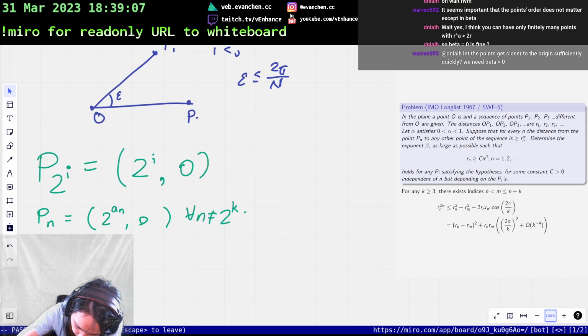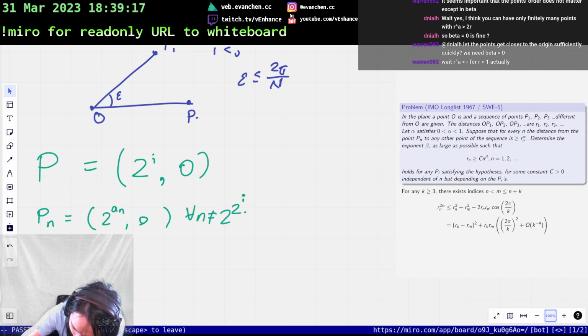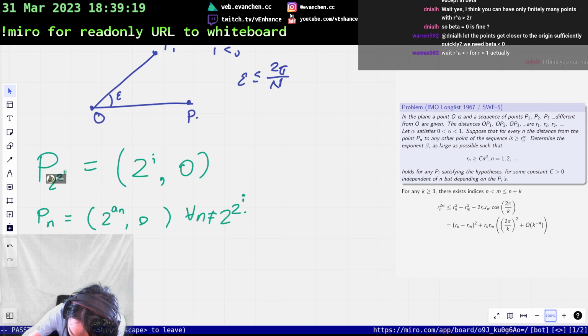Sorry, let me not use 2 here. I'm gonna use 2 to the 2 to the I, alright? So it's sort of like I take... No. I need to leave some gaps, right? Do I actually? I need to leave some gaps. Alright, fine.